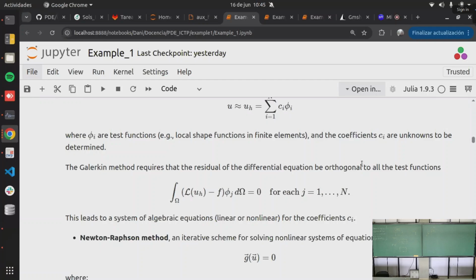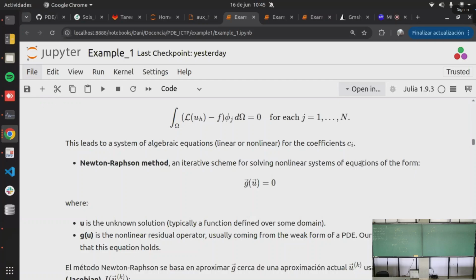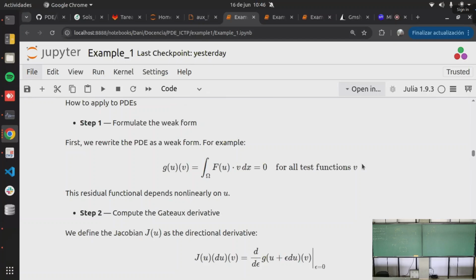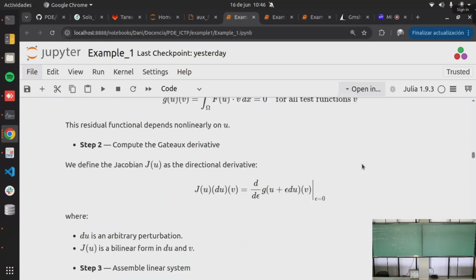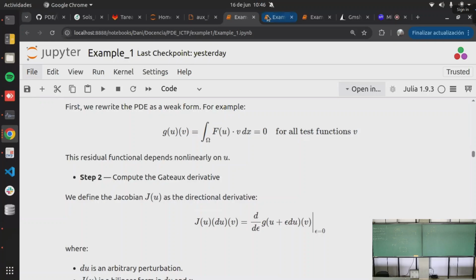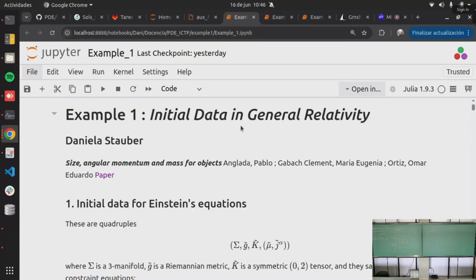Maybe we can use other tools to do it numerically, but I did it by myself. Any questions or comments? No. We can go to the next one.